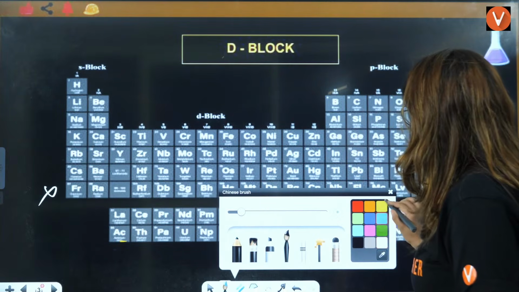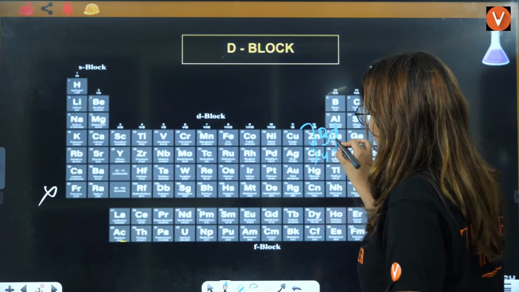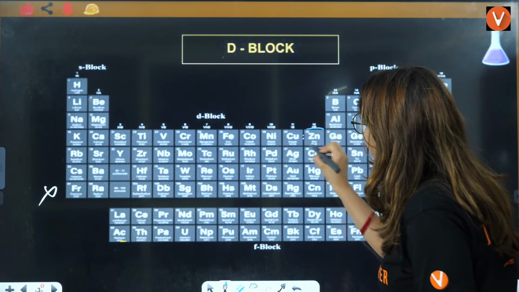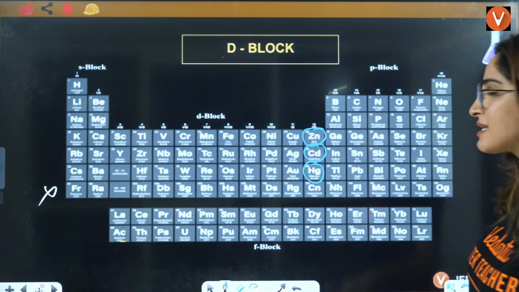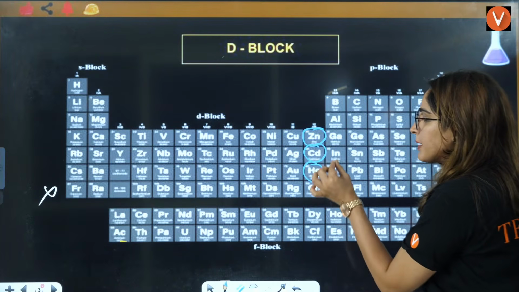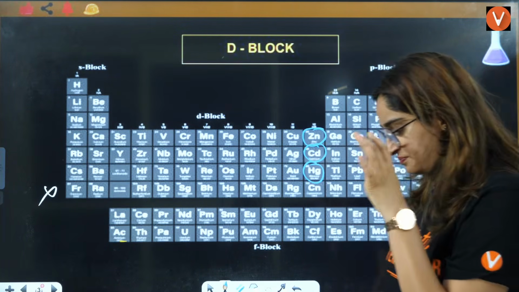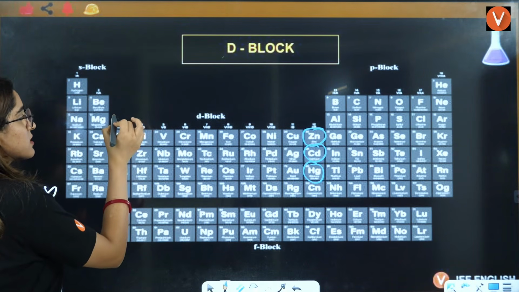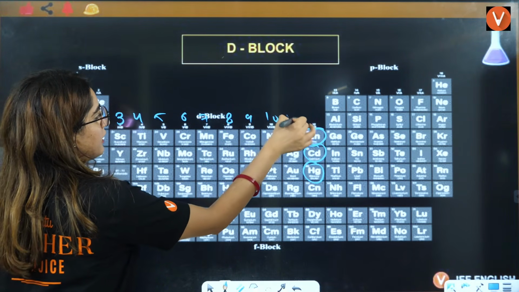You have to remember that this is 3D, this is 4D, and this is 5D. Now, this is zinc, this is cadmium, this is mercury. Are you able to see this, guys? All of them are, I'm just randomly telling you here, groups 3, 4, 5, 6, 7, 8, 9, 10, 11, 12.